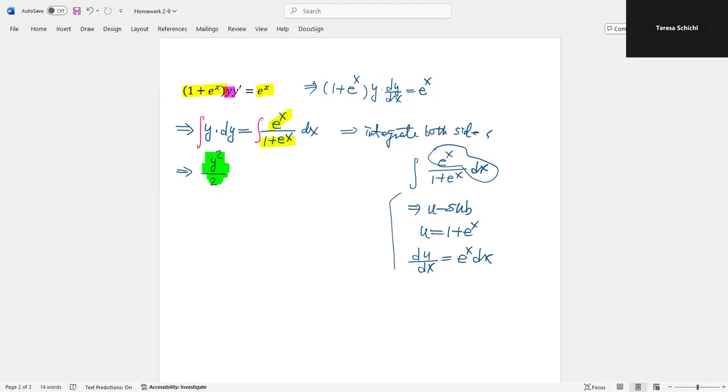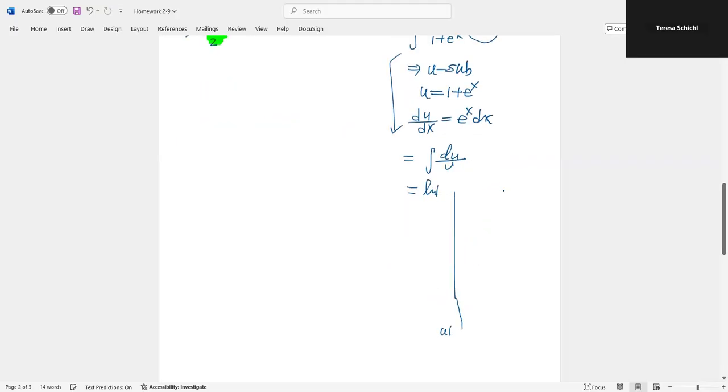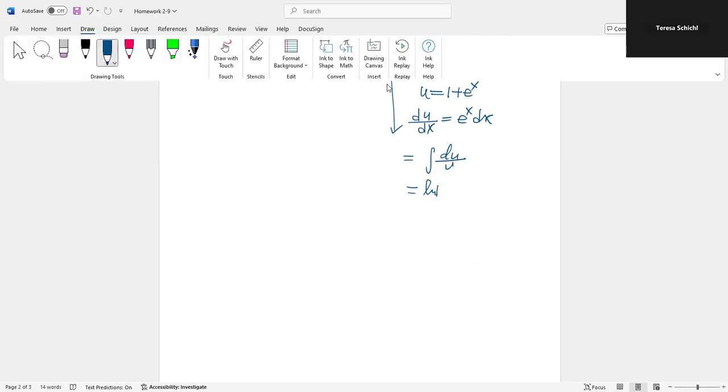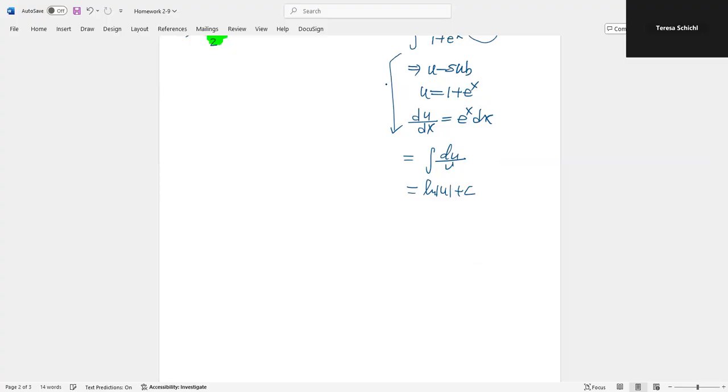So I can change that to du over u, right? So when I integrate du over u, what we get is the natural log of u plus c here.